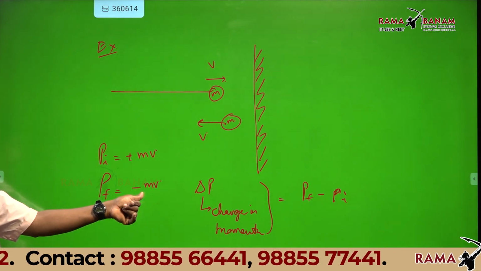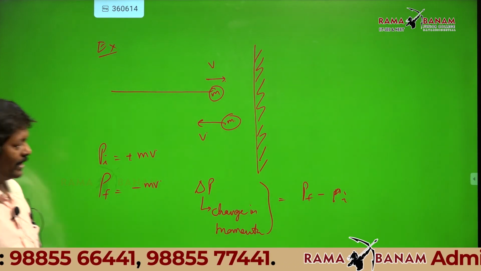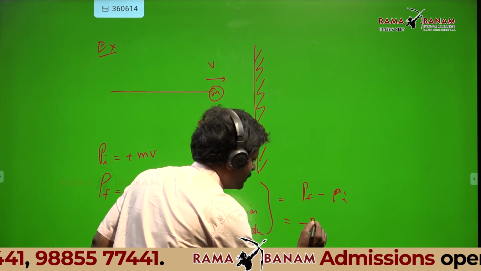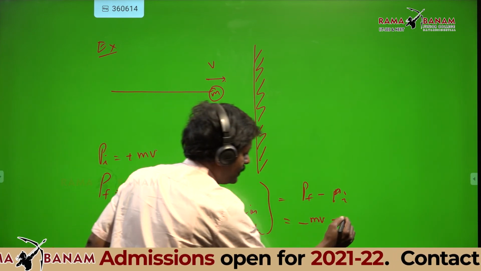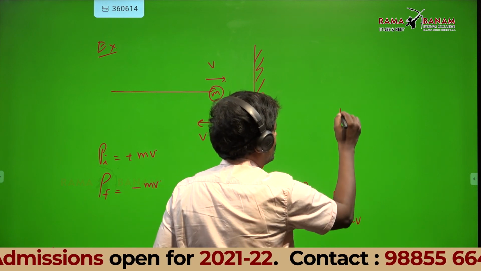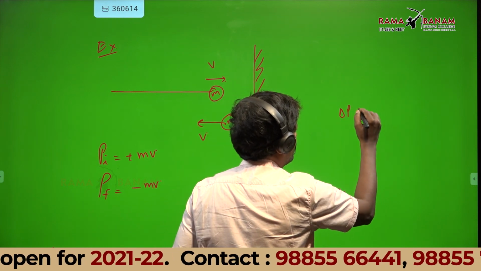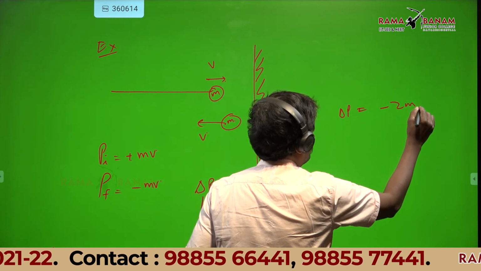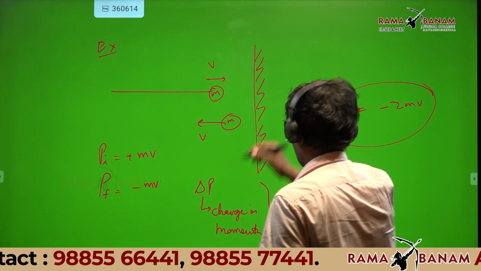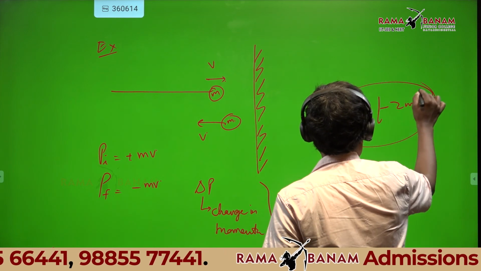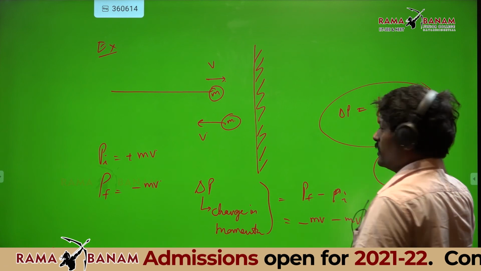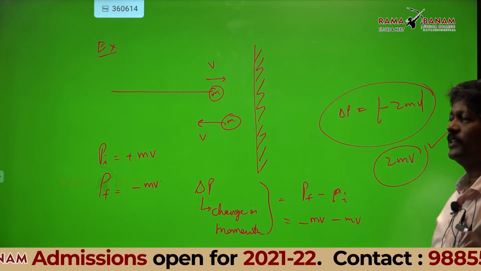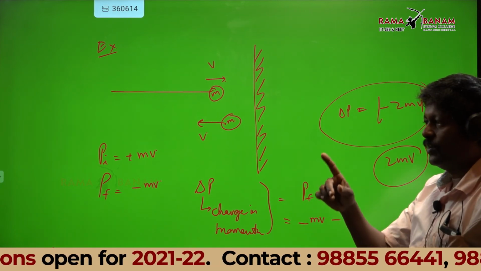Final is minus mv, minus initial momentum mv, so delta p is minus 2 mv. If you want the modulus, the change in momentum is 2 mv.